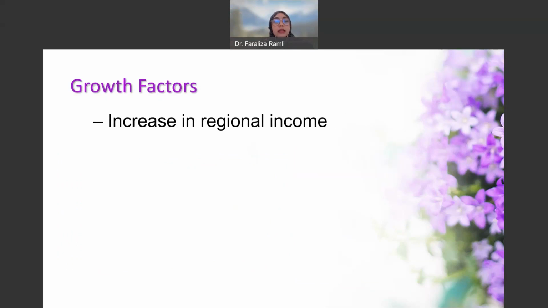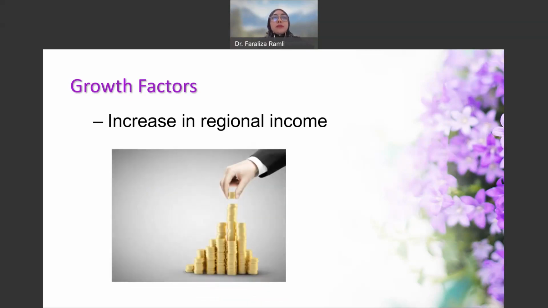Second, an increase in labor input, such as workers. Workers should be suitable for the right position, and having the right people in the right position can help the industry and the company grow. And then technological advance.